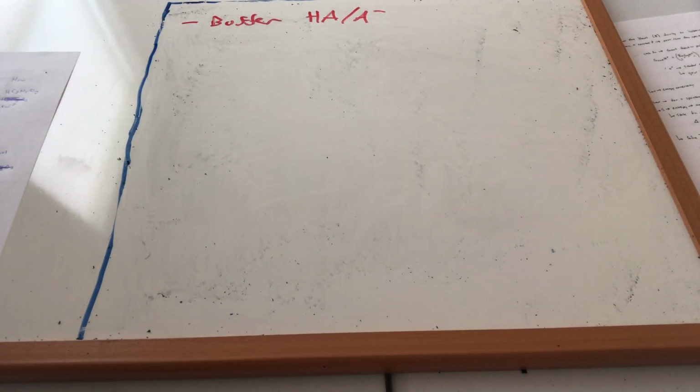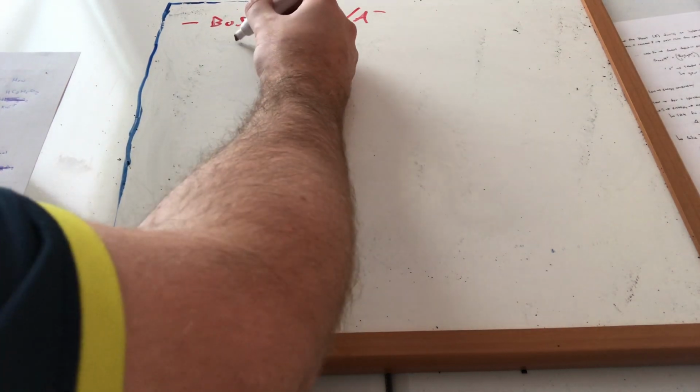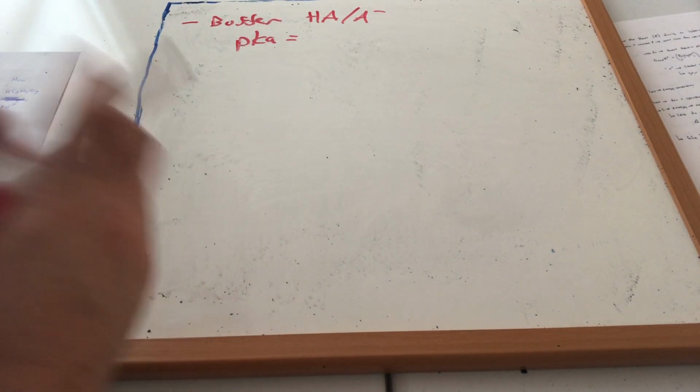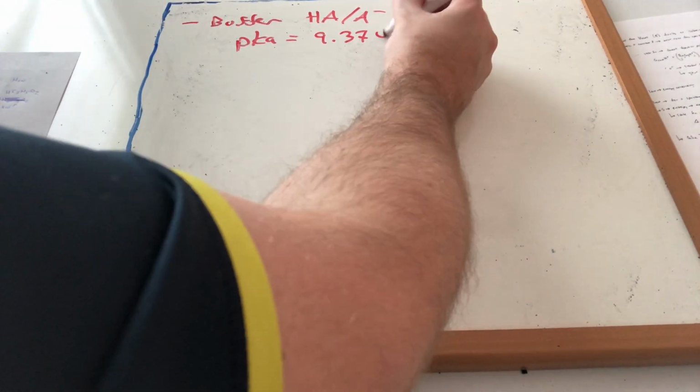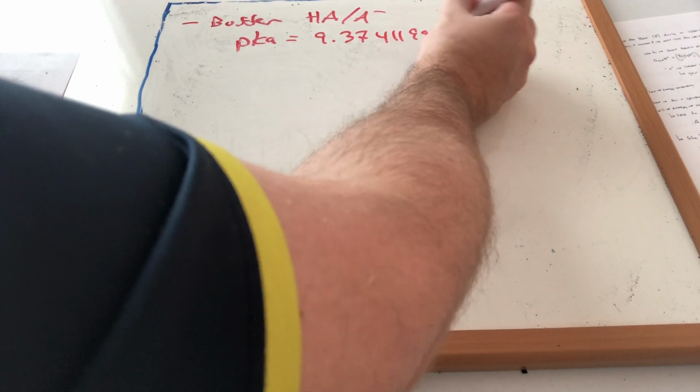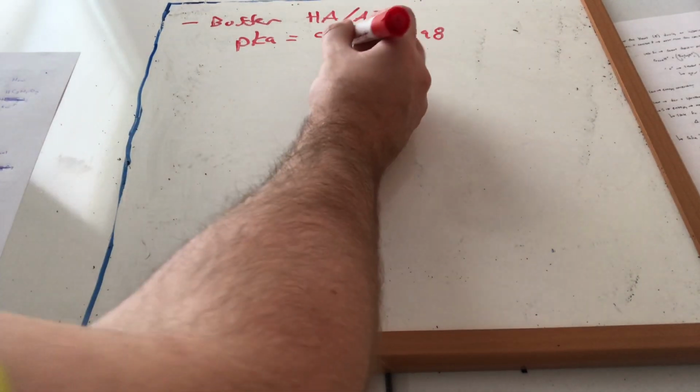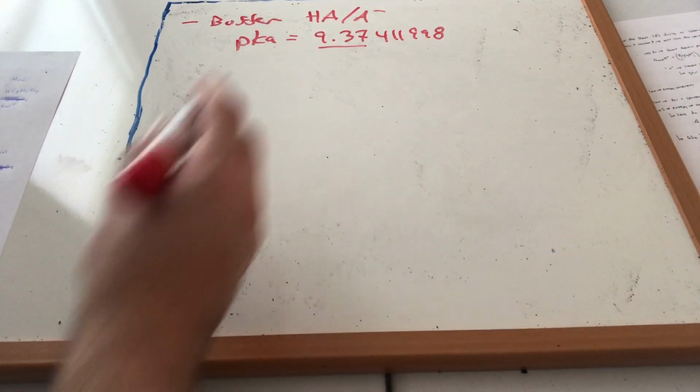So we're going to revisit that last example. And what we found in this last example is we calculated an unrounded pKa of 9.37 for 11998. There are 3 significant figures there.